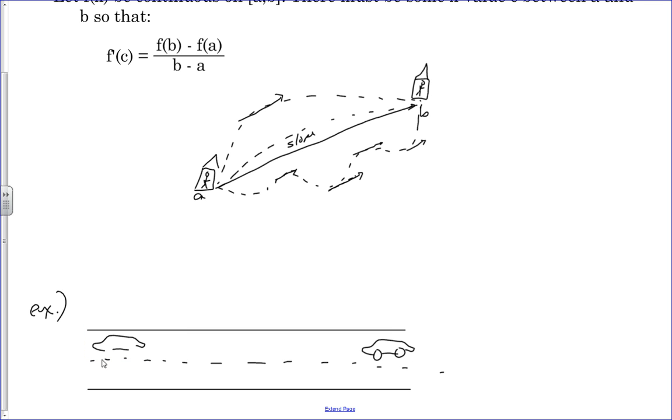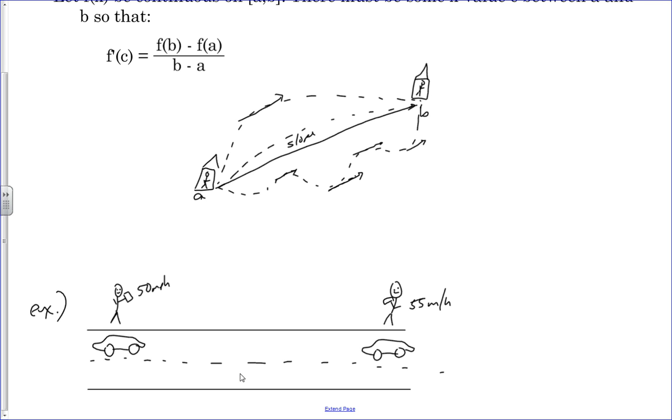It's actually the same car. You'll see what I mean. Say we have a police officer here, and he has a radar gun. He clocks the car doing 55 miles an hour. And then say there's a cop down here, and he radars the same car doing 50 miles per hour.